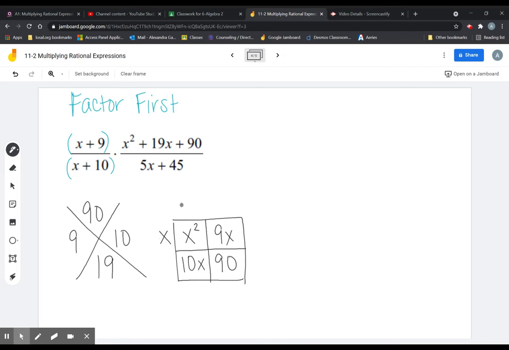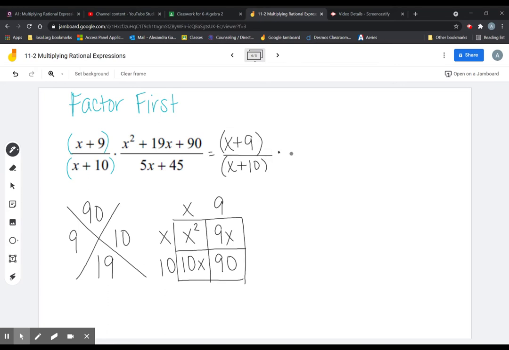And x times x equals x squared. And then x times something gives me 9x. It's x times 9. And then x times 10 gives me 10x. So the numerator for that guy, I'll bring over the 9, x plus 9 over here, and the x plus 10.